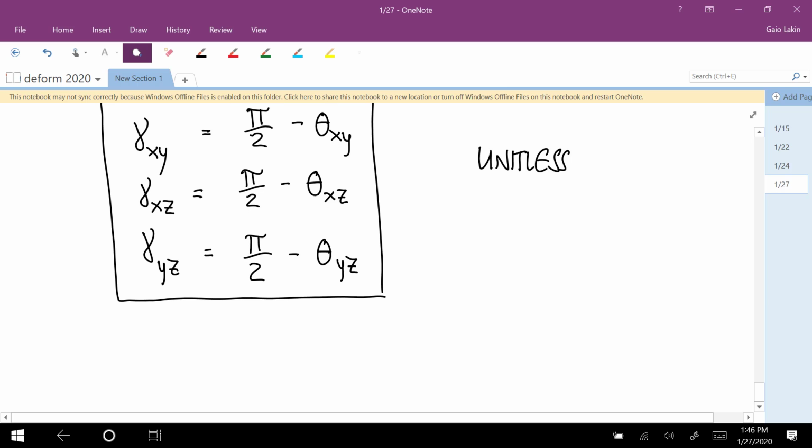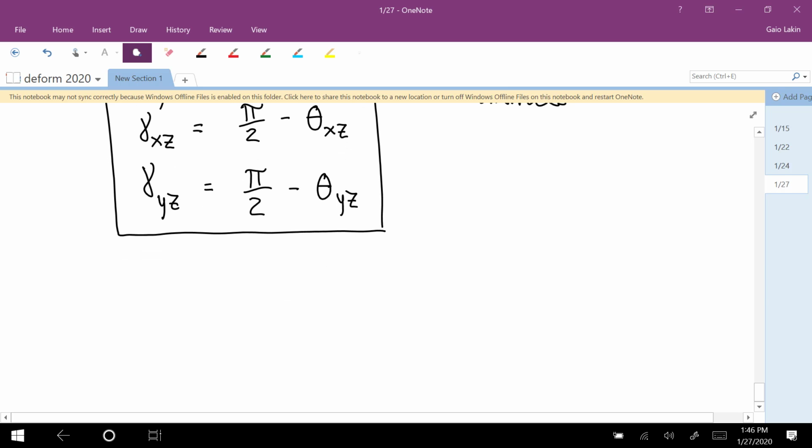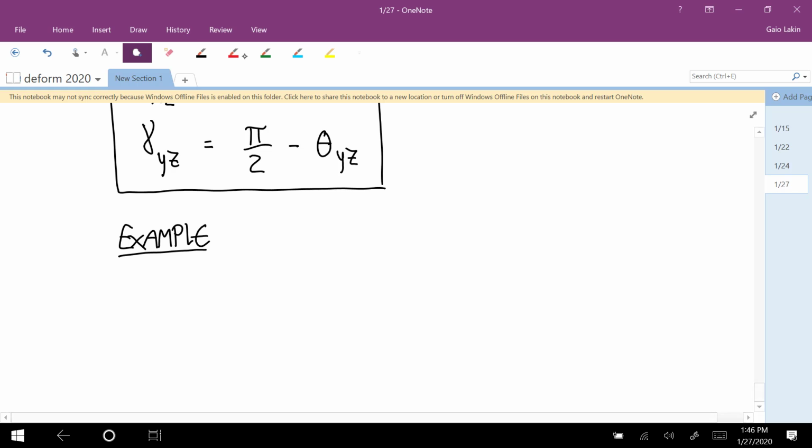So let's do a quick example. I'm going to use a little bit of a funky coordinate system this time. Let's say that the x-axis is this way and the z-axis is this way.